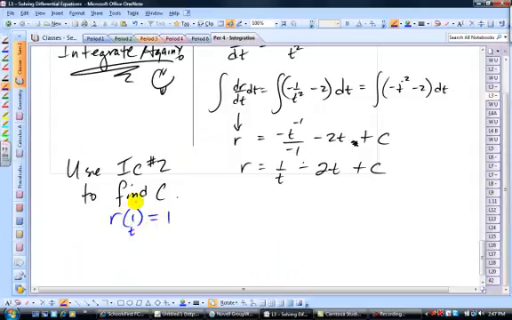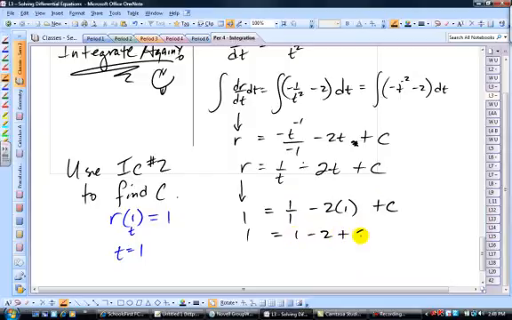So remember, t is 1 here. So I need to substitute 1 in for t, and then substitute 1 in for r. Okay, so this becomes 1 equals 1 over 1 minus 2 times 1 plus c. That equals 1 minus 2 plus c. That's negative 1. Add 1. So you get 2 equals c.